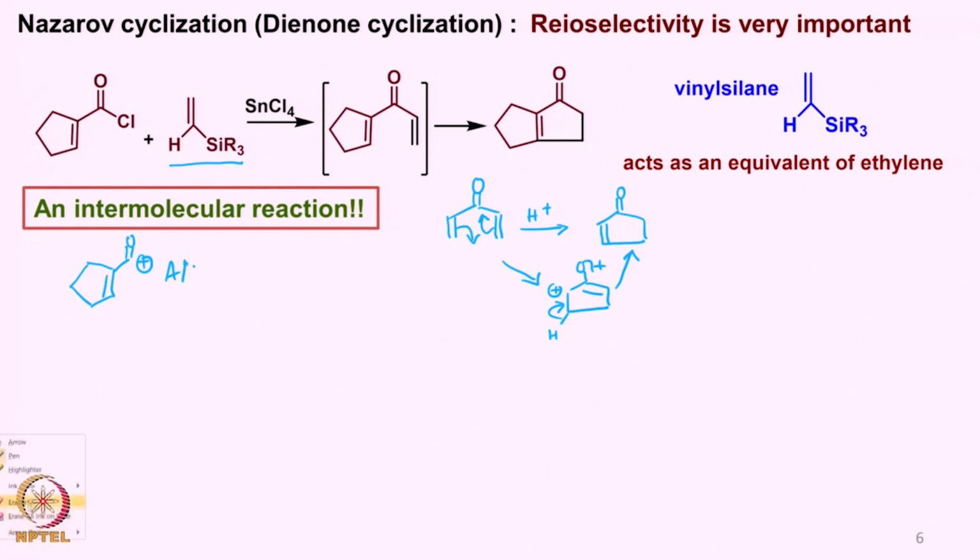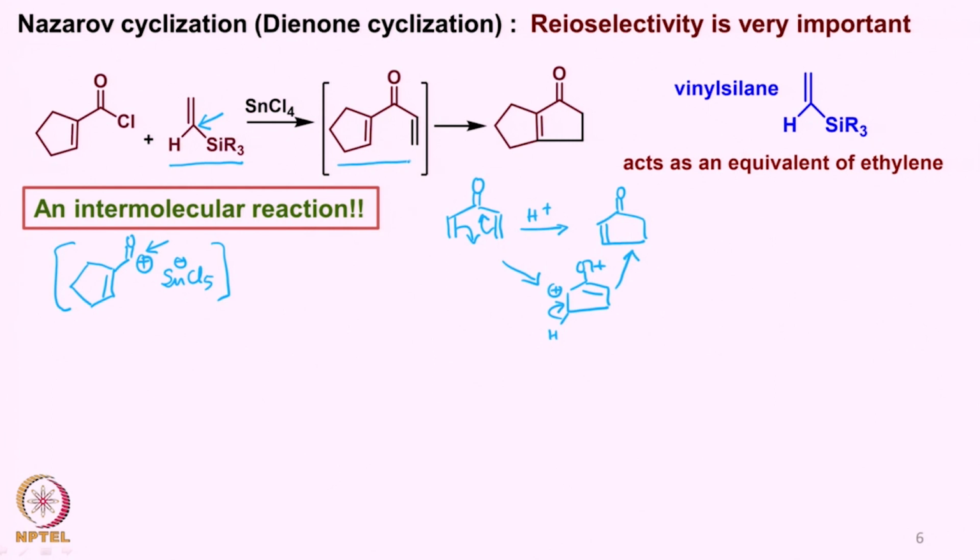So we write here the nucleophile being this, and this is the electrophile that is going to be there, and of course the vinyl silane reacts and the carbon silicon bond is replaced by the electrophile, and that is what is happening. So this carbon gets attached to this electrophilic part and we get this intermediate.